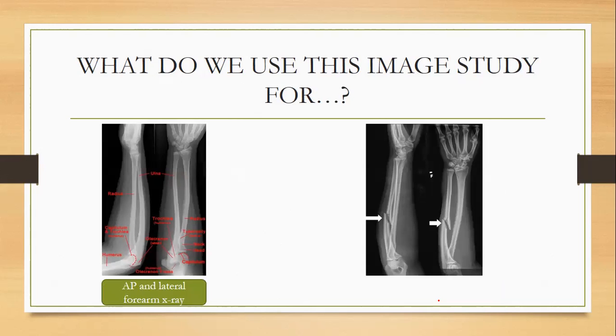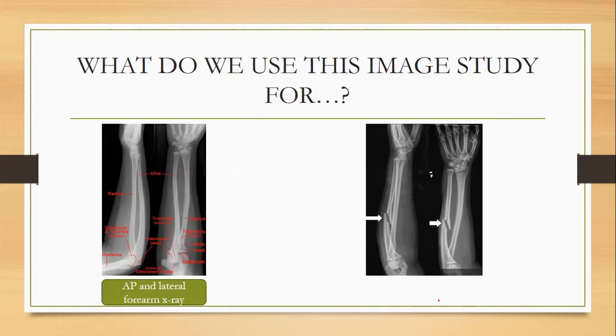Okay, here on your left, we have an AP and lateral forearm X-ray. You always have to ask for two different projections. Here, when we're taking into consideration the forearm, you always have to ask for anteroposterior and lateral projections.